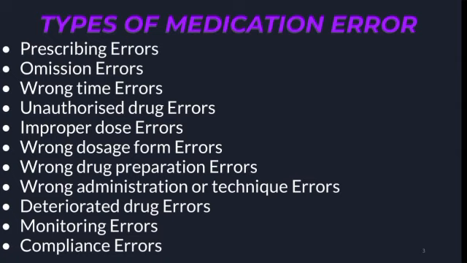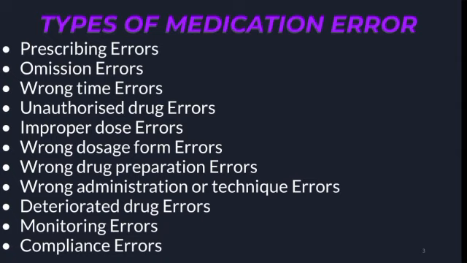They unknowingly, without checking, prescribe these kinds of drugs. Some drugs are contraindicated in kidney diseases or pregnancy, and they wrongly prescribe them. For kidney failure or liver disease patients, the dosage adjustment is not done. These are some kinds of prescribing errors.